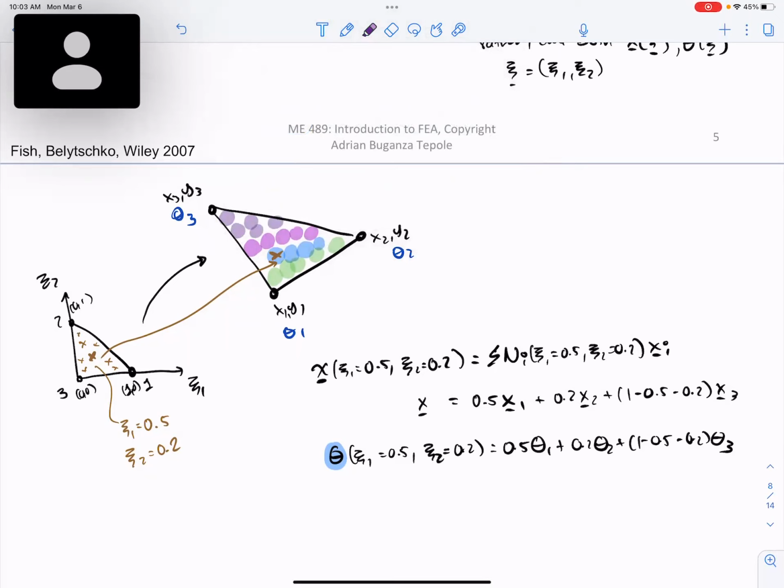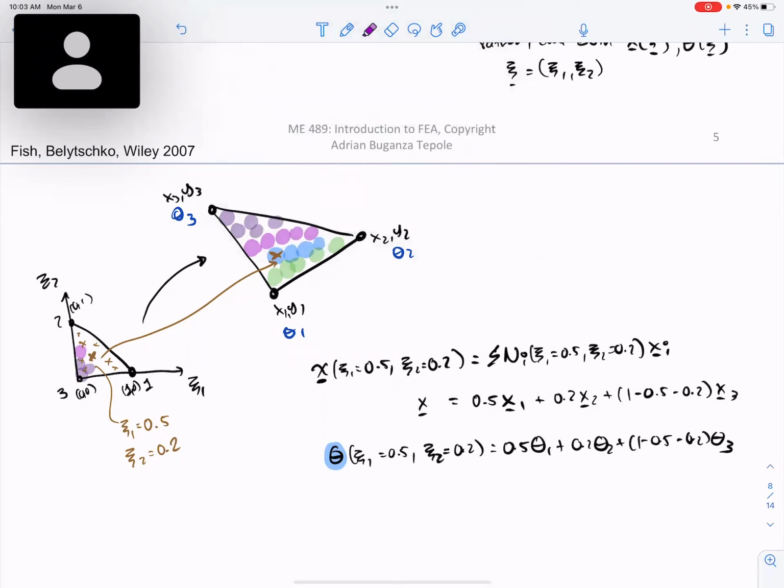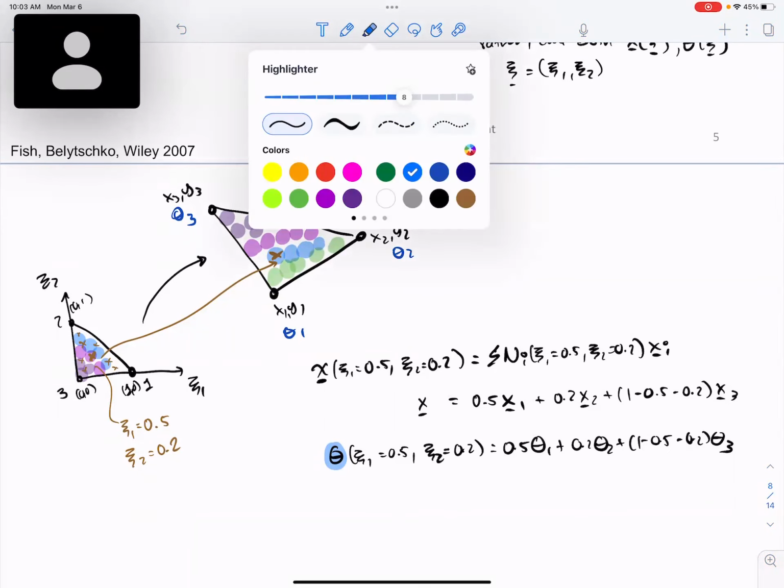Something like that. And then similarly, let me just make it match. Obviously, the nodes are kind of matching.